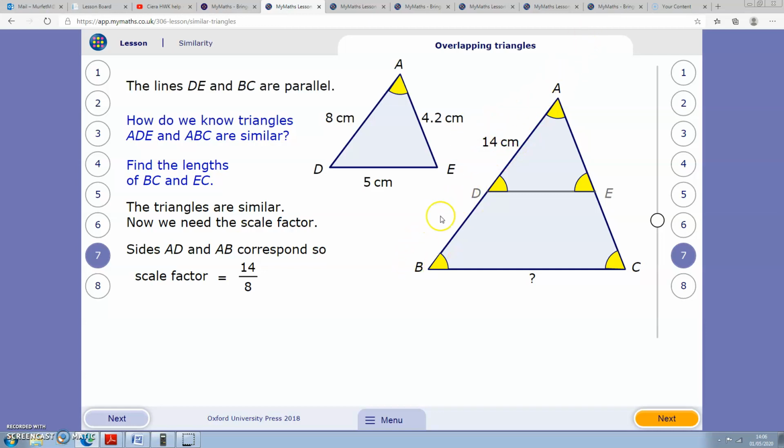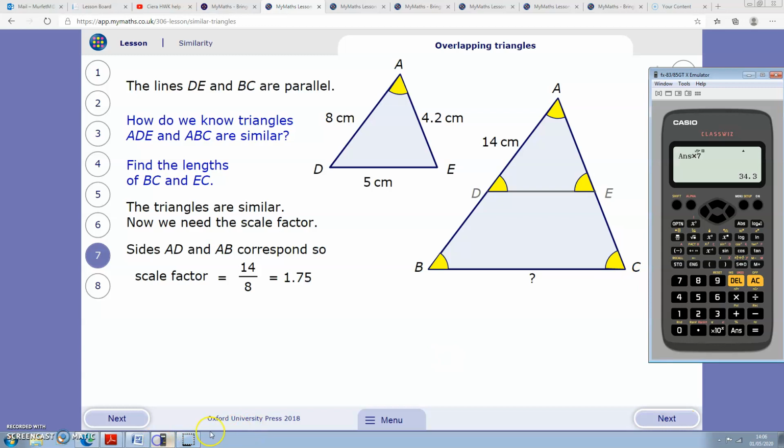So AB is 14 centimeters, AD is 8 centimeters. So 14 divided by 8 gives me the scale factor of 1.75. Now if we know the bottom, DE would be 5. I'm going to times it by 1.75 to give me that. So 5 multiplied by 1.75 is going to give me 8.75.